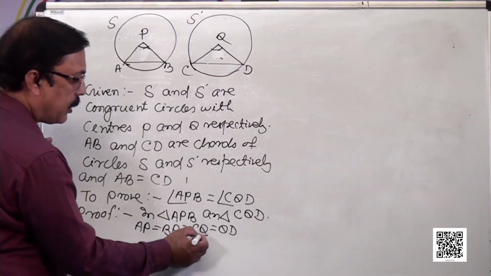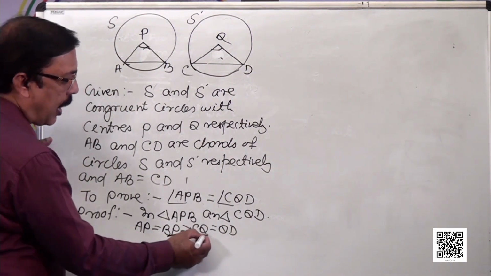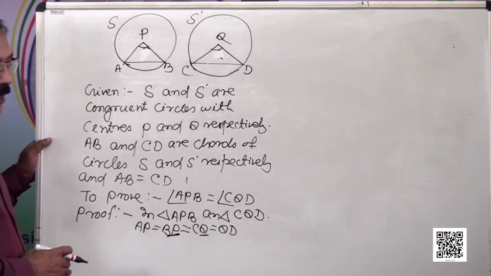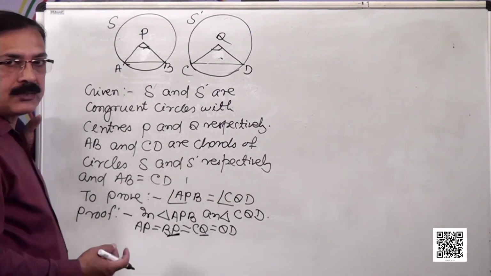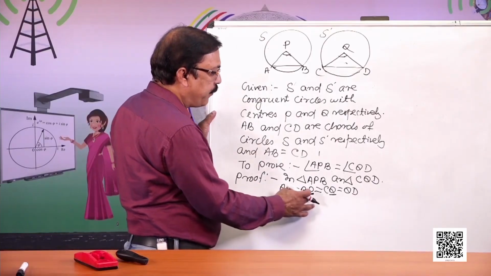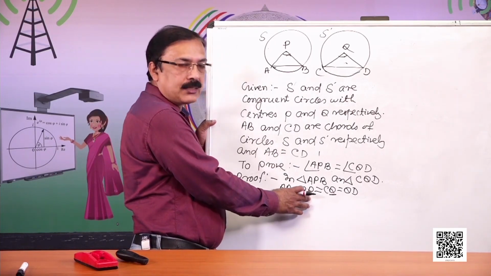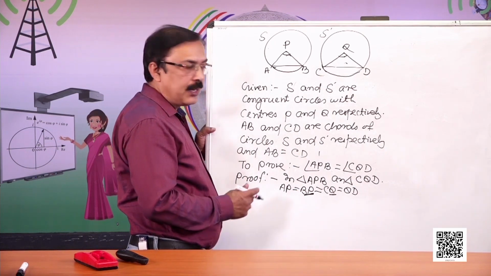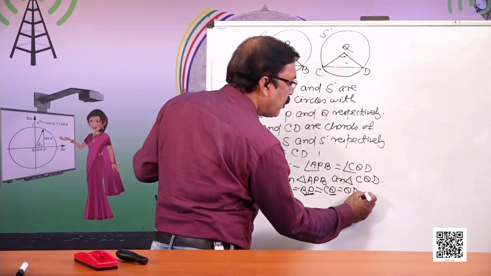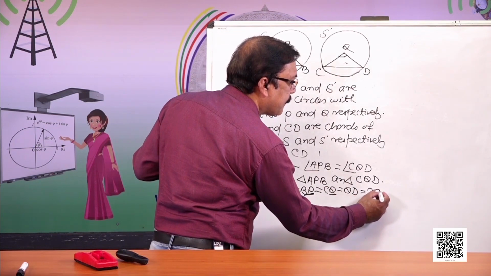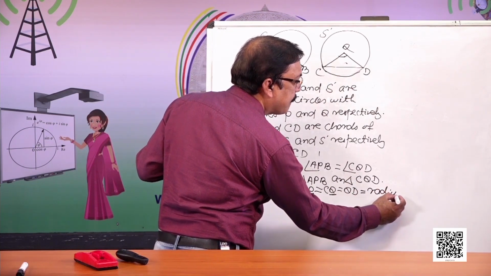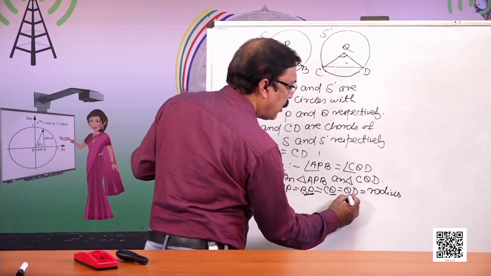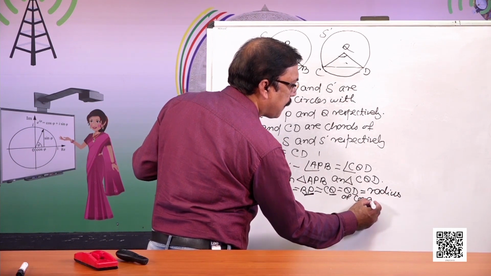Here BP and CQ are radii of congruent circles, and AP and BP are radii of the same circle. Similarly, CQ and QD are radii of the same circle. So we can say radii of congruent circles.